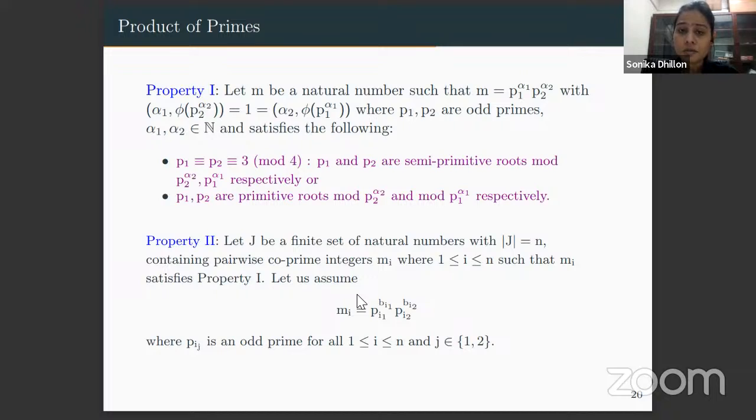So for the case when m is a product of 2 primes, p1 to the power alpha 1 and p2 to the power alpha 2, and we satisfy these conditions, and p1 and p2 are congruent to 3 modulo 4, and these are semi-primitive. Primitive root means its order is phi of p to the power alpha 2. Semi-primitive means the order of p2 to the power alpha 2 is half of that. And in that case only, the cyclotomic units are multiplicatively independent, and hence we can use these conditions to prove the dimension.